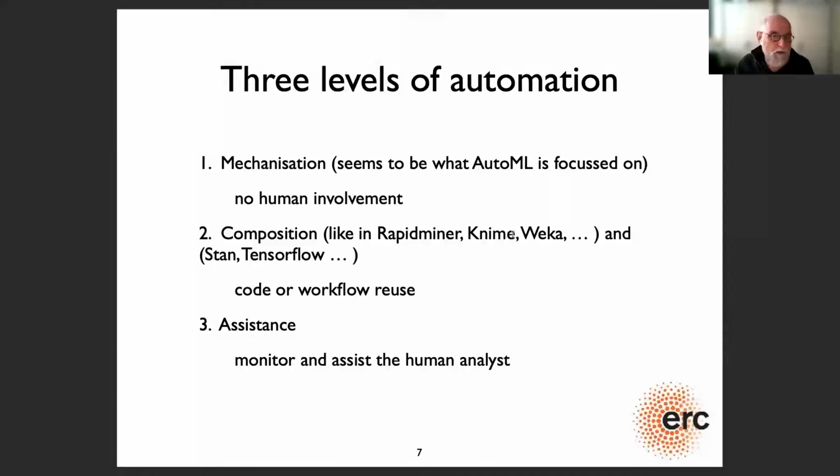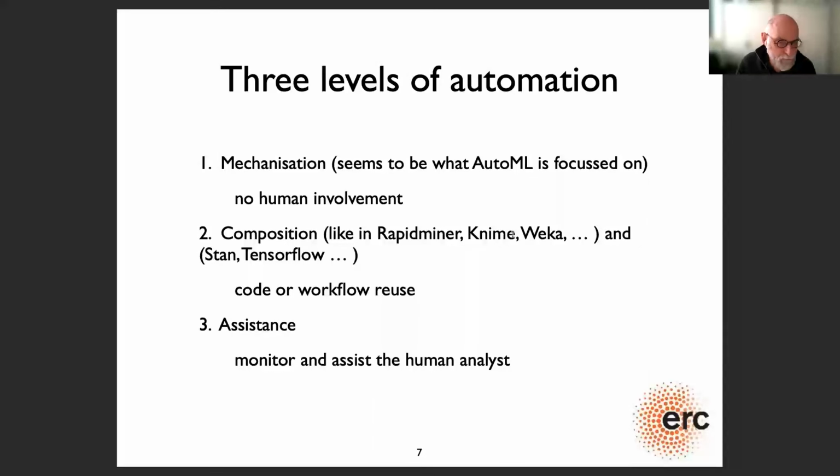But before doing that, let me also mention that when you want to automate these processes, you can look at different levels of automation. And the first one is really this mechanization, which is what AutoML seems to be focused on. You basically want to run this without kind of human involvement, or with as little human involvement as possible.